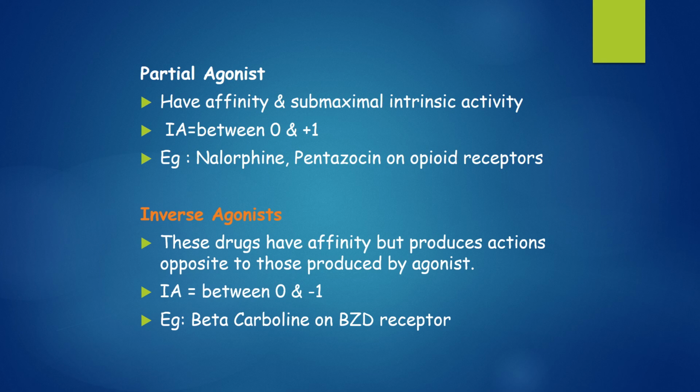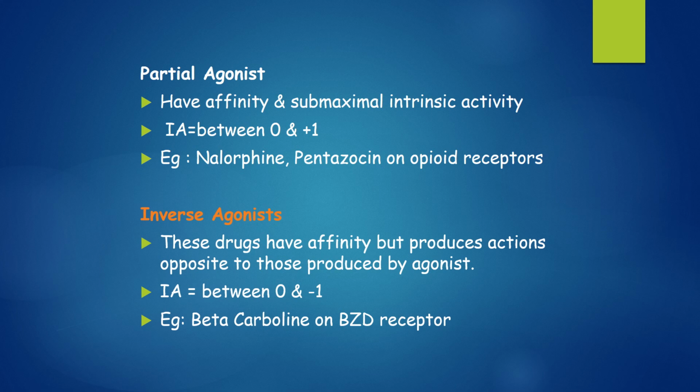And another term is inverse agonist. These drugs have affinity but produce action opposite to those produced by the agonist. So when a receptor is attached by an agonist, it produces a positive response. But when an inverse agonist is attached, it has the same affinity as the agonistic drug, but the action will be the mere opposite.